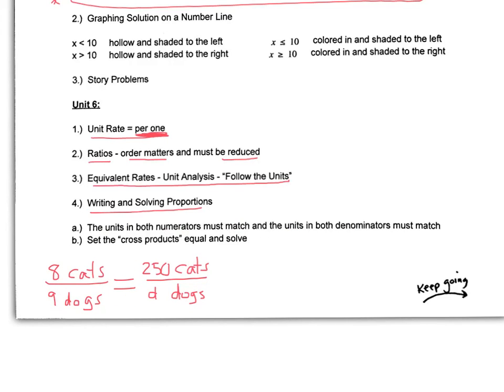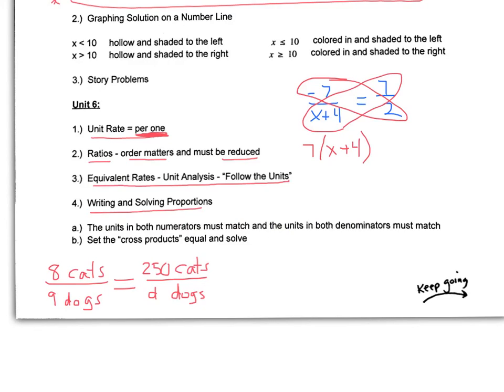Now to solve a proportion, I'll do an example over here. Let's say we have negative 7 over x plus 4, and that equals 7 over 2. To solve a proportion, you cross multiply, and you set those equal to each other. So here we go. 7 times x plus 4 on the one side equals negative 7 times 2.